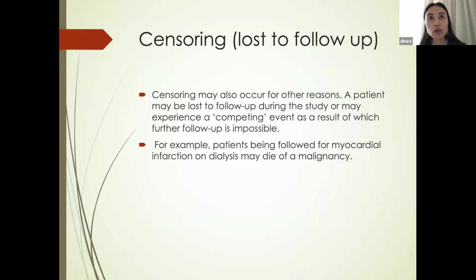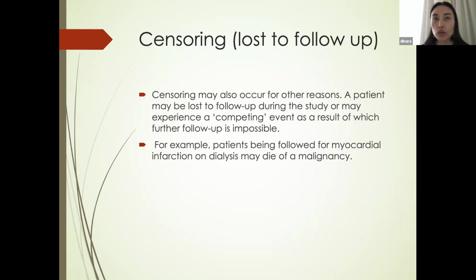And censoring can also occur when the follow-up is finished and when we lose the patient. So loss to follow-up happens in all clinical research, in all clinical studies. And in this scenario, when we lose the patient for follow-up, we also censor the patient. The other point where we censor the patient is when, for example, a competing event happens.